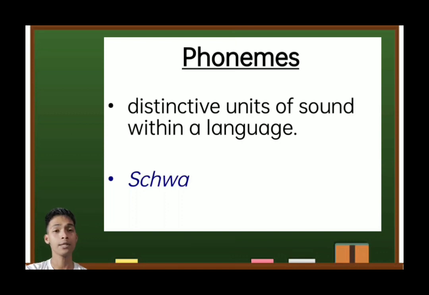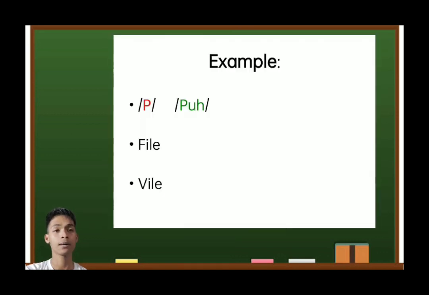An example of this is the sound p. Minsan, the teacher is trying to emphasize and isolate the phoneme p. Instead, focus on producing just the phoneme itself. As an example of phonemes, in the words file and vile, F and V are two different phonemes.